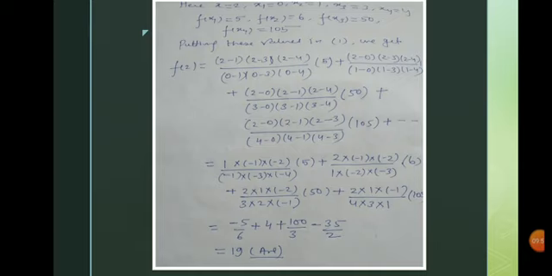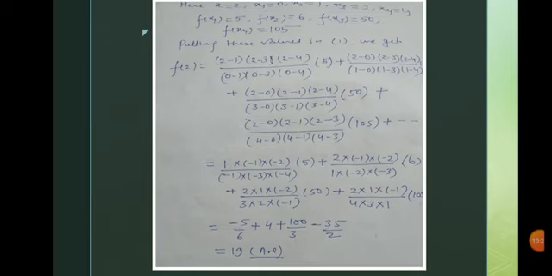So students, remember that whenever we calculate these values, we should remember the positive and negative signs properly. If we simplify all these terms, then we get f(2) is equal to 90.